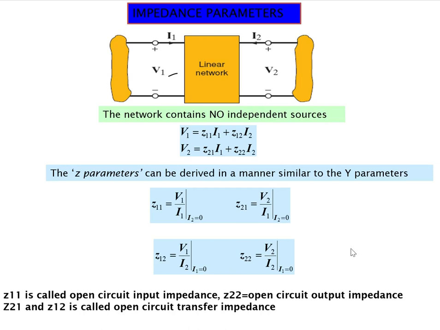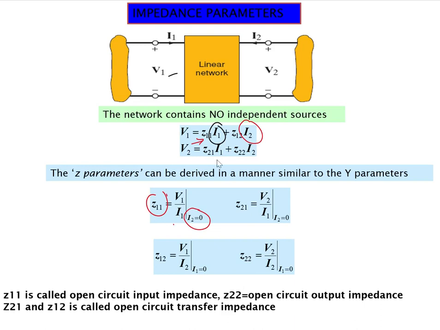Not working means that this equation is depending upon this current, so we will make this current equal to 0 in order to reduce this equation. If you want to find this Z11, what we will do is make this I2 equal to 0. So I2 equal to 0 will give us Z11 as V1 by I1.